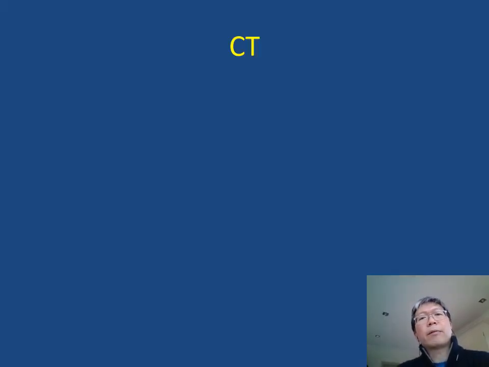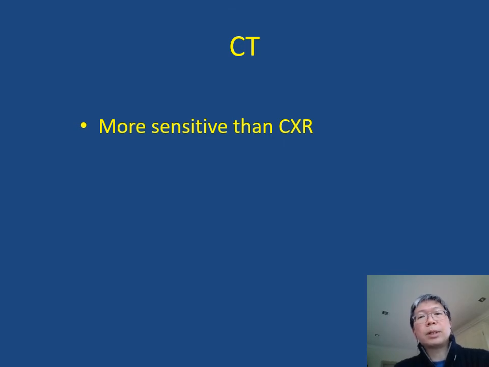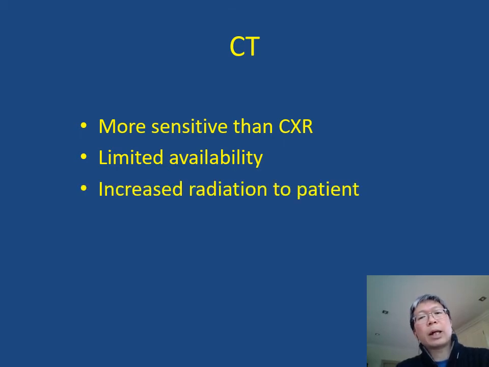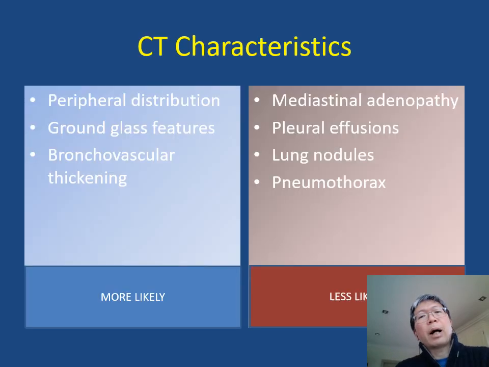CT is more sensitive than chest X-rays in detecting lung involvement, particularly at the early stages of this disease. It is, however, often limited in availability and has the risk of increased radiation to the patient. There are some characteristic findings which I have outlined here.